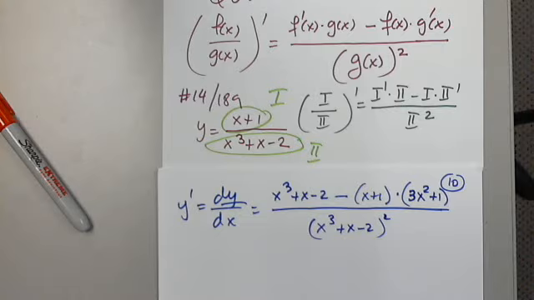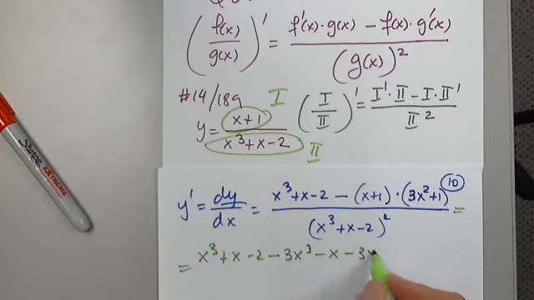In this particular case, I have to distribute x plus 1 and 3x squared plus 1. I have to use FOIL on that, and I have to try to simplify it a little bit. So let's distribute. So we have x cubed plus x minus 2 minus 3x cubed minus x minus 3x squared minus 1.